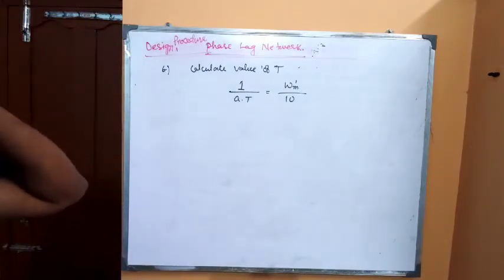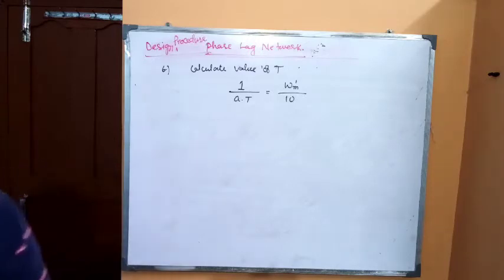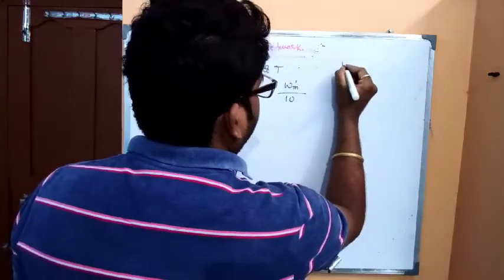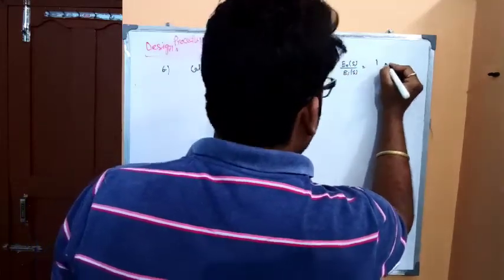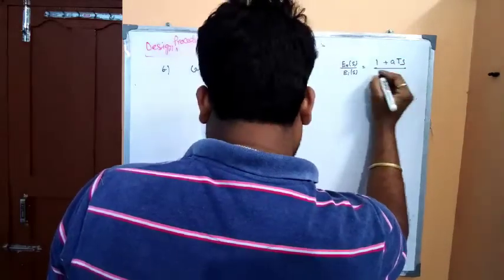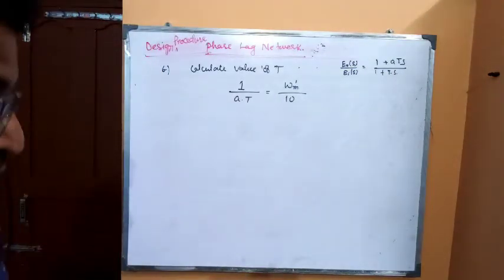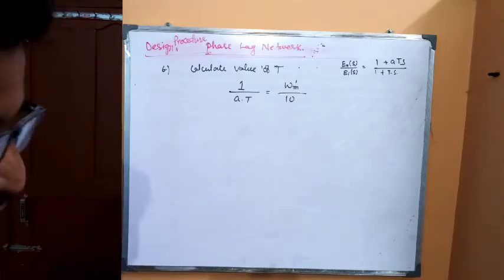So from this expression, if we know the value of a, we can calculate the value of T. Usually the phase lag transfer function looks like this: E0(s) divided by Ei(s) is equal to (1 plus a T s) divided by (1 plus T s).